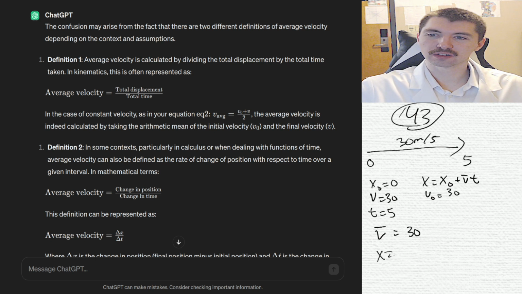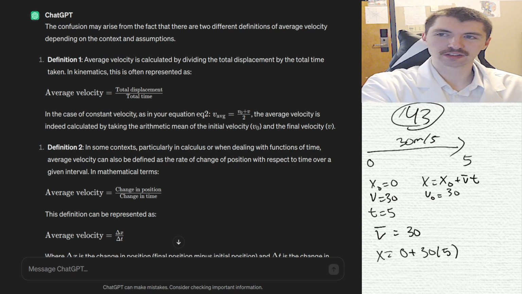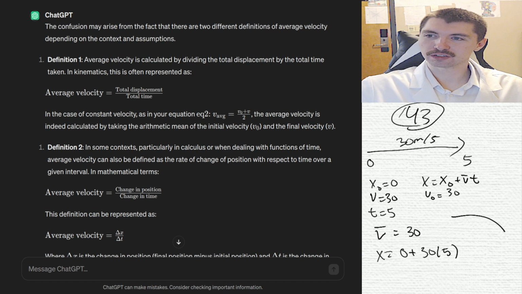Okay, so x 0 plus 30 times 5. Okay, so that makes sense to me. It's not accounting for gravity. Would the particle be doing this if there's a force of gravity?